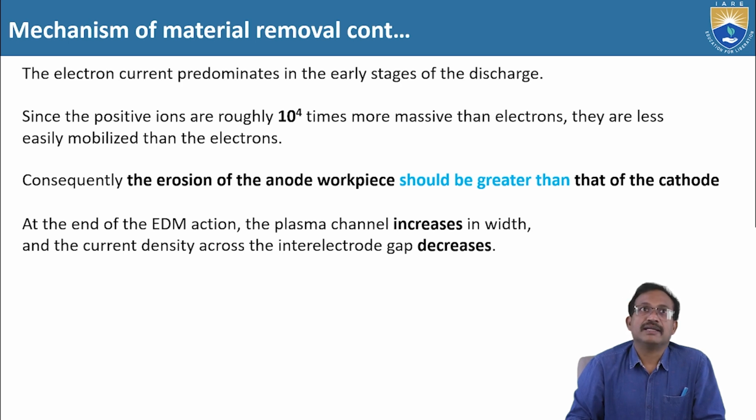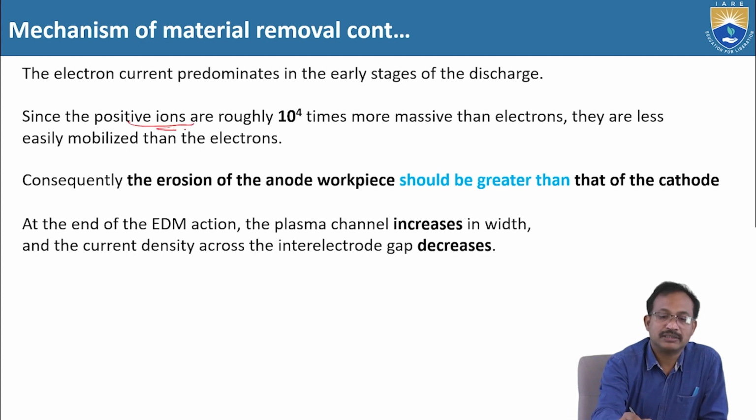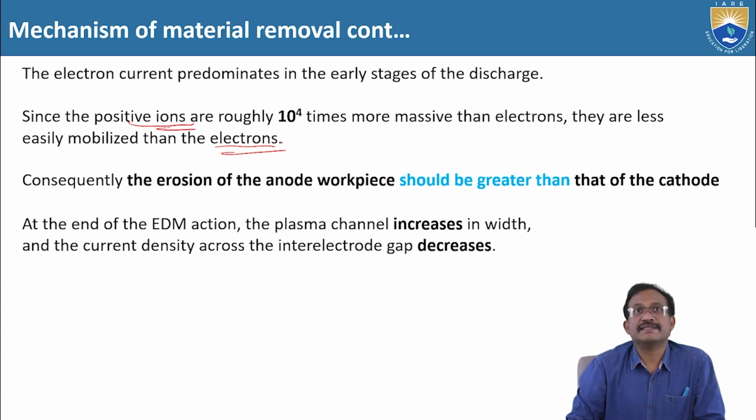Next, since the positive ions are roughly 10 power 4 times more massive than electrons, they are less easily mobilized than the electrons. So here there are two important terms: one is ion, another one is electron.